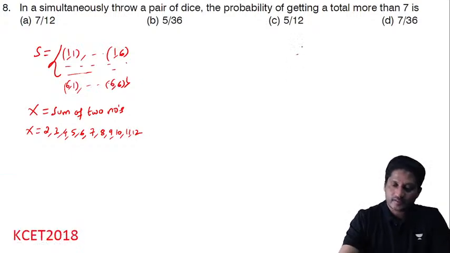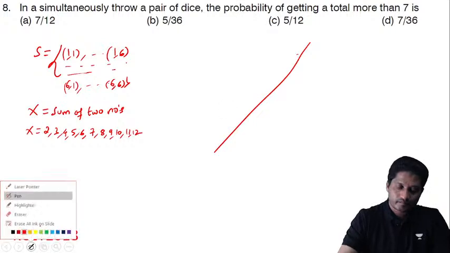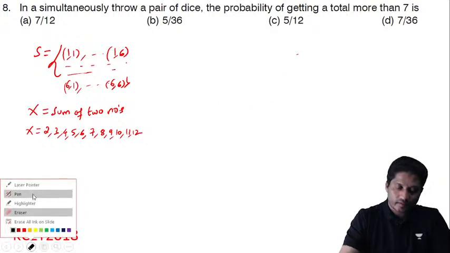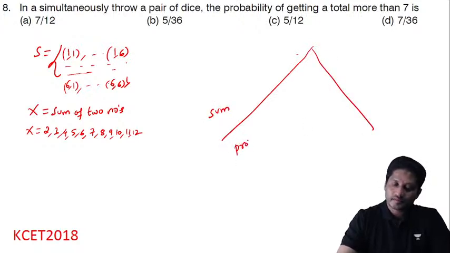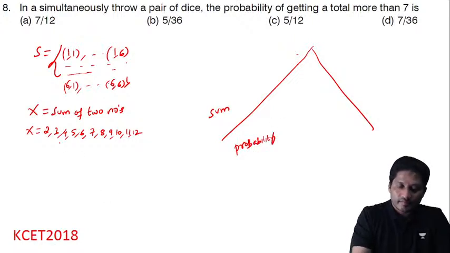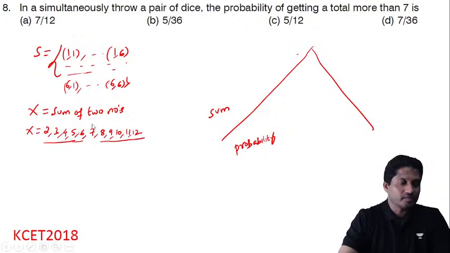Take it like this: this will be the sum with the probability. 5 on the left, 5 on the right, and the middle term is 7.